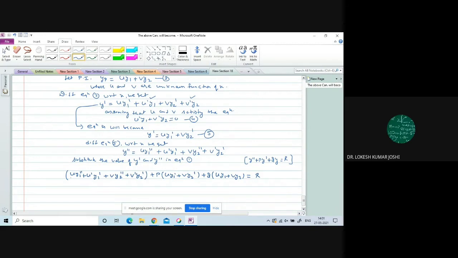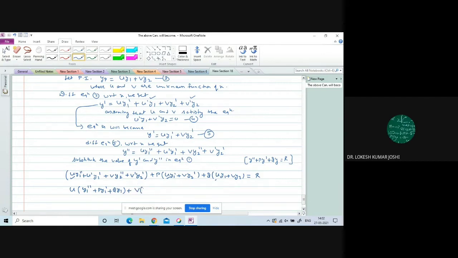Now collect the terms which has u. At first we can see u is here, u is here, u is here. So we take u common. It will become y1 double dash plus p y1 dash plus q y1. Similarly, take v common.